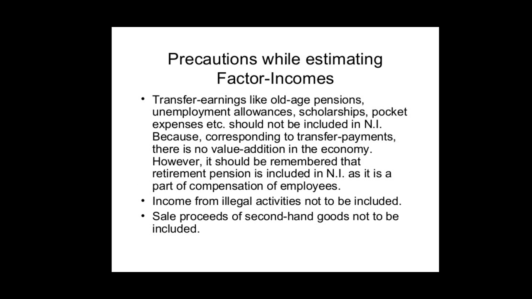This is because the sale of second-hand goods does not create a new flow of goods and services in the current year. Or we can say that they are not part of the production of the current year. However, commission paid on sale of second-hand goods is included as it is a reward for rendering productive services in the current year.